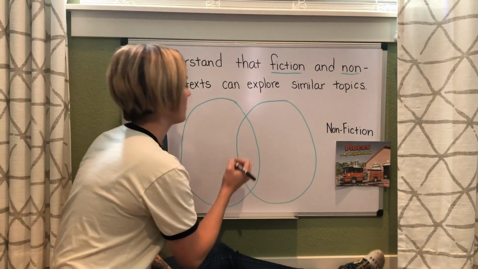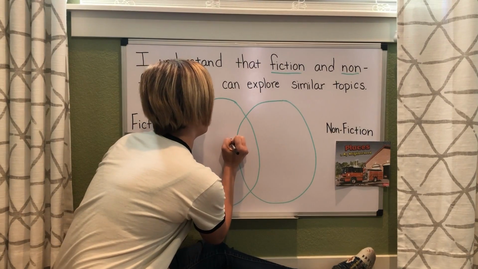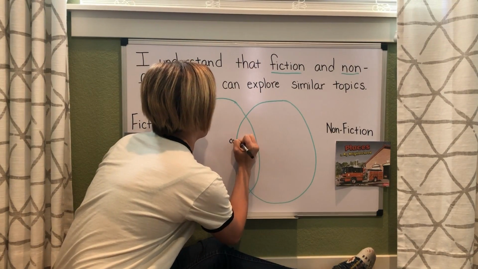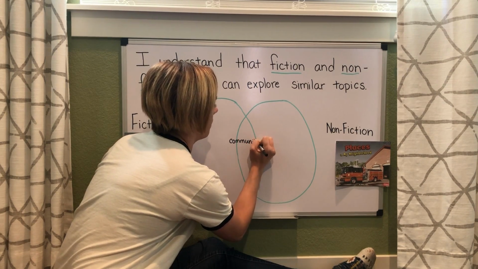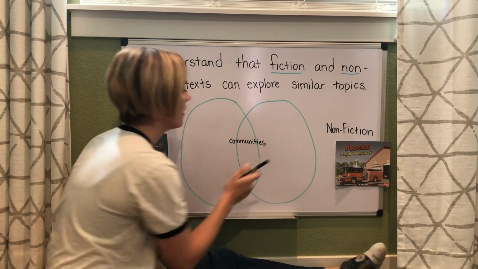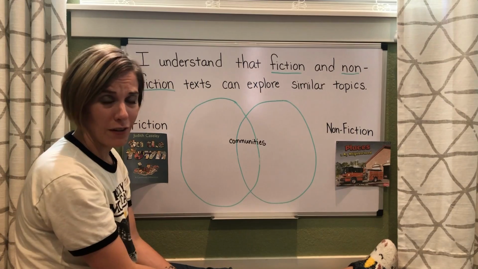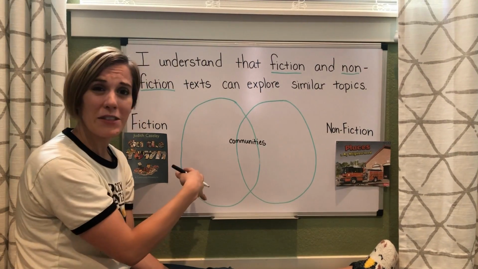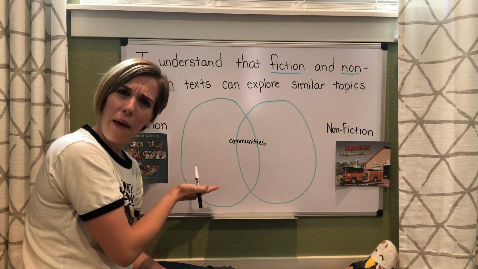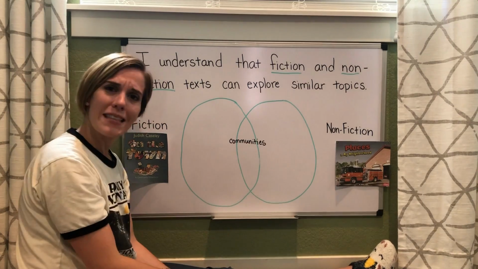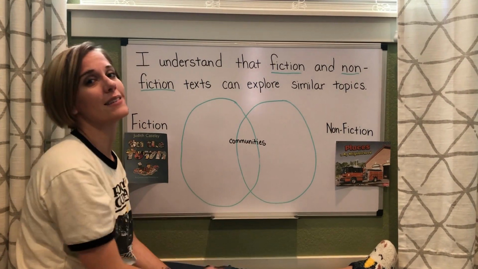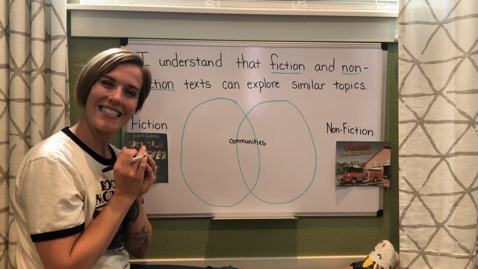So I am going to write the word communities right here in the middle. I needed to have my word overlap a little bit just because of how I drew my Venn diagram. Do you think that's okay? Absolutely. I can tell that it's in the middle, and I know that that means that it's in the part where it is the same.